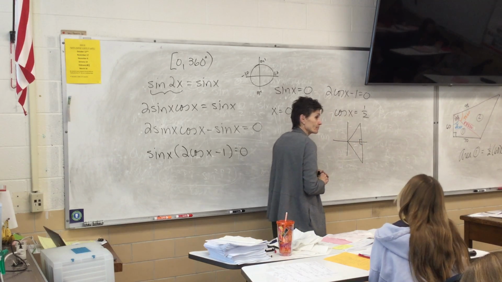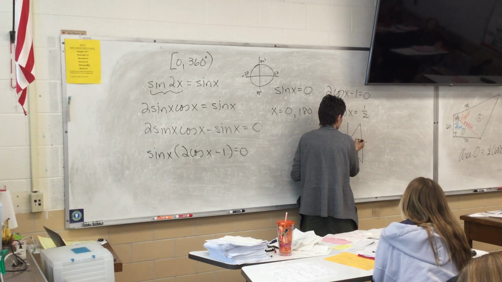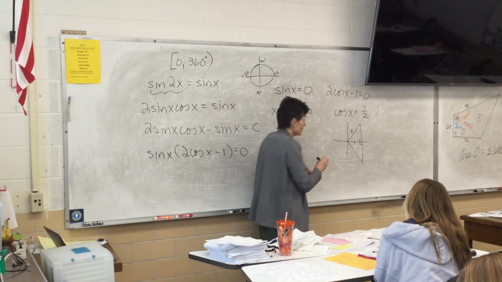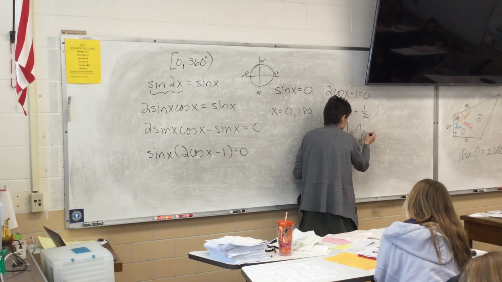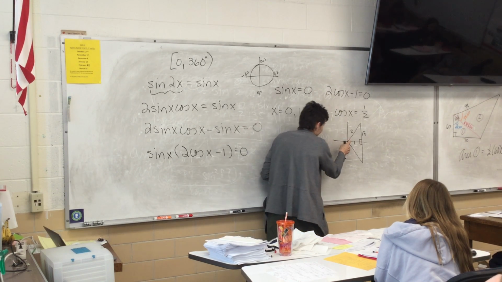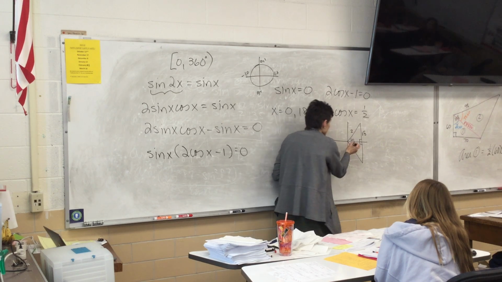Agreed? And the cosine is adjacent over hypotenuse. So this is a √3 over here. And how big is that angle right there? 60. So is this one.